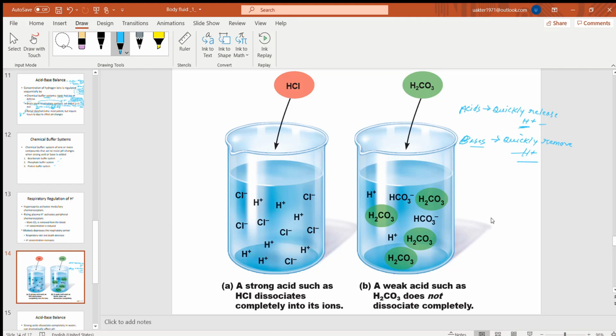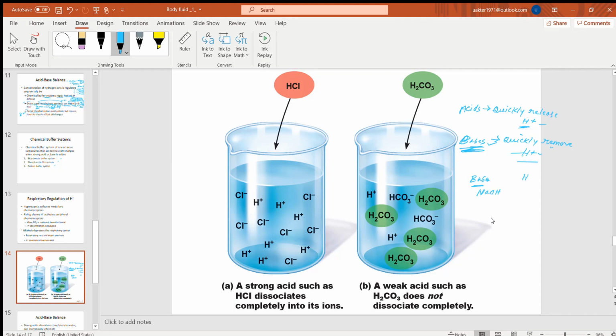For example, let me just show how a base can remove the hydrogen ion. A base removes the hydrogen ion by producing OH. For example, the most common base in the body is sodium hydroxide. So if hydrogen ion concentration increases, what will happen?